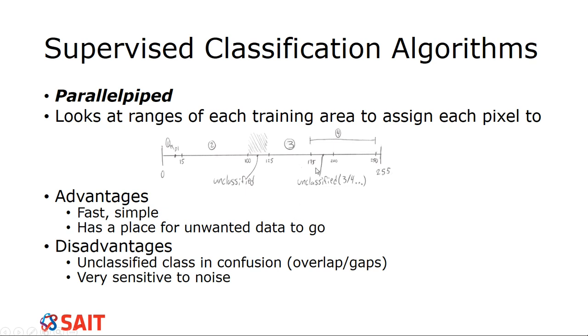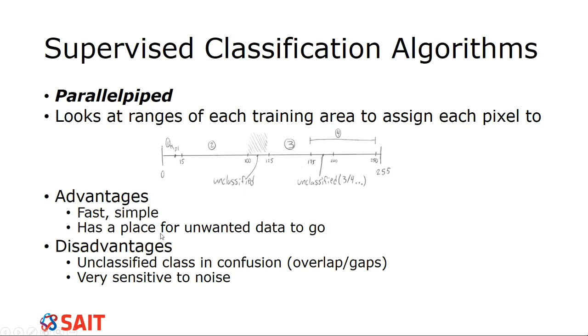I can tell what your training areas look like just by looking at your result. All it takes is one pixel that should have been in 4, but you accidentally put it in training area 3. Now this whole area from those two overlapping, all those pixels become black. So this is very sensitive to what you do with your training areas.